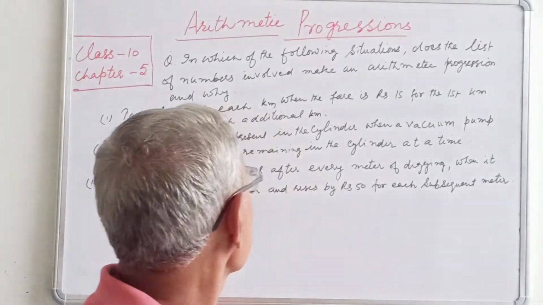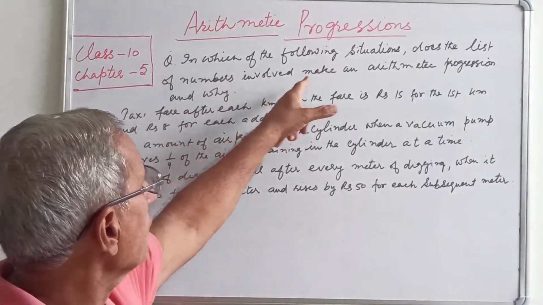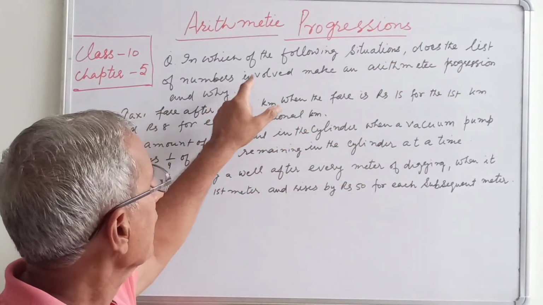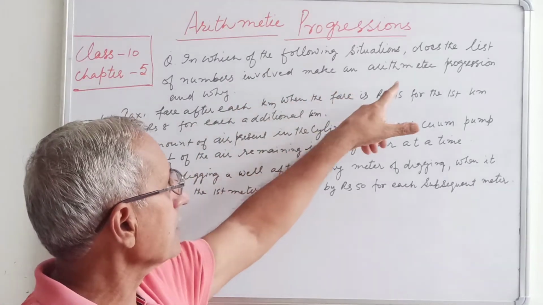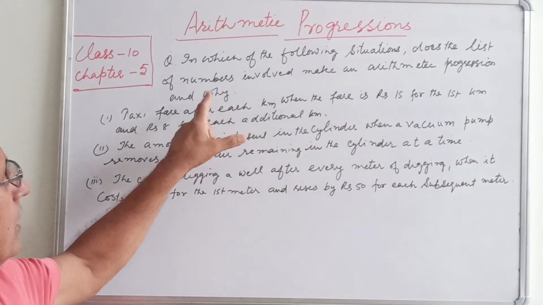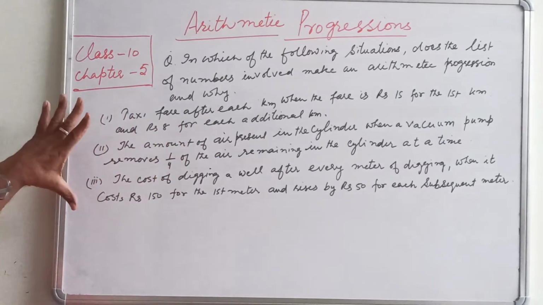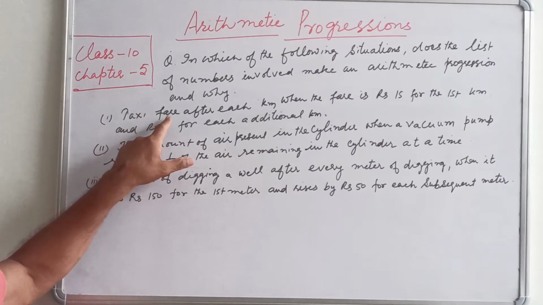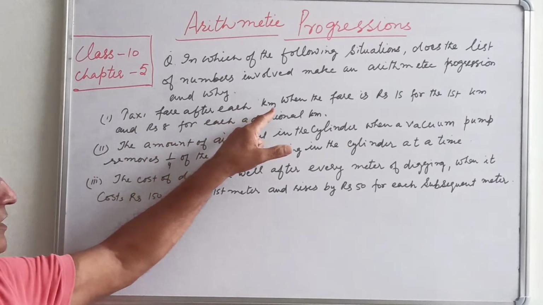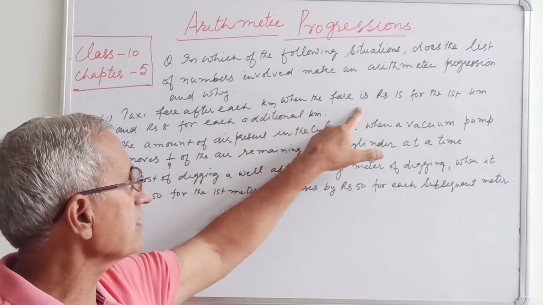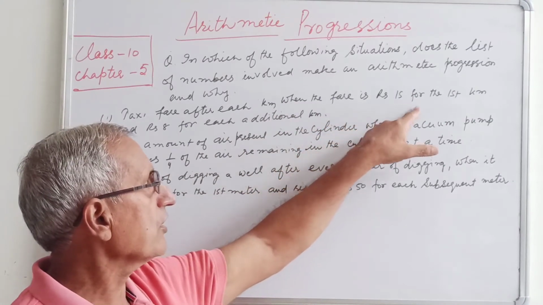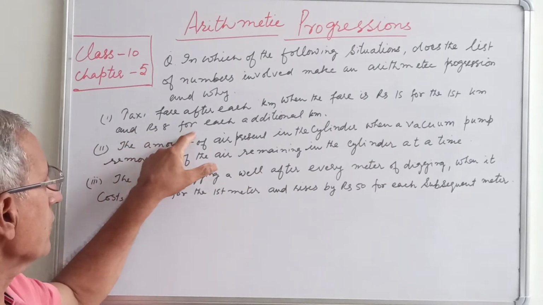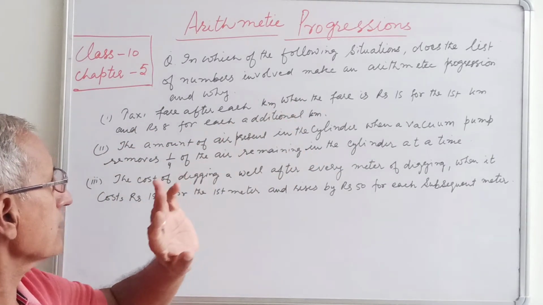The question is, in which of the following situations does the list of numbers involved make an arithmetic progression, and why? I have written here 3 statements. First is taxi fare after each kilometer when the fare is ₹15 for the first kilometer and ₹8 for each additional kilometer.